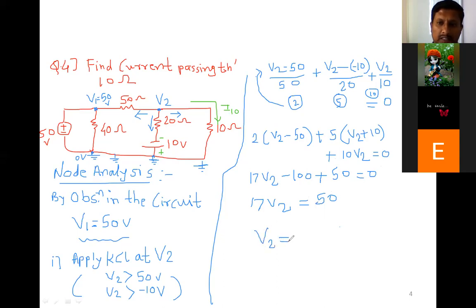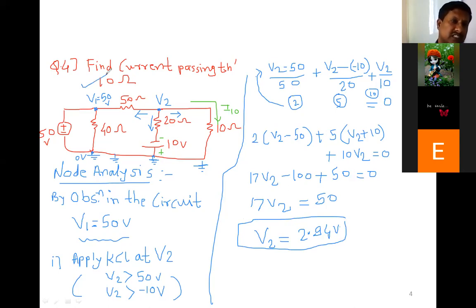So anyone can tell what is the answer? 2.941. 2.94. It is nearly 3. But still we have not got the answer to the question which is asked here: find the current passing through the 10 ohm. For that I need the value of V2. So we can find the current passing through the 10 ohm, that is IT or I0 or I10, whatever name you have given.